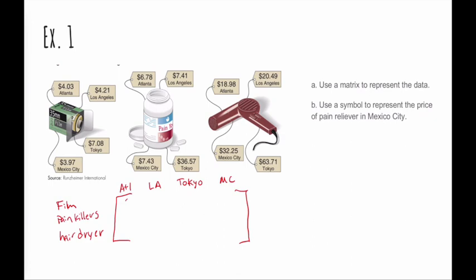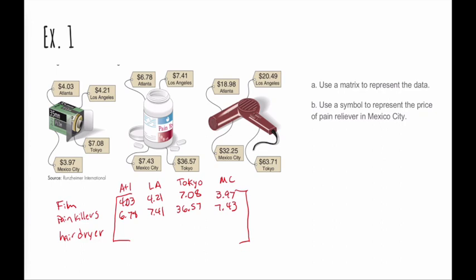So the film was 403, 421, 708, and 397. The painkillers, 678, 741, 3657 in Tokyo. Yikes. And 743.